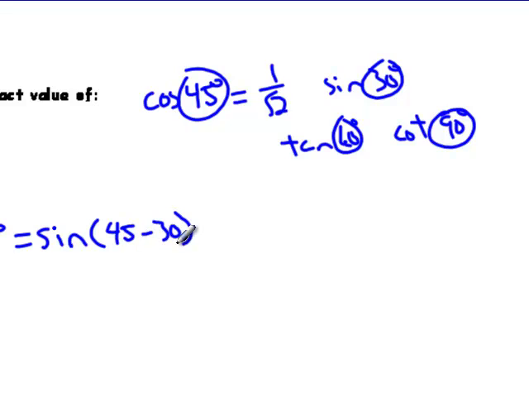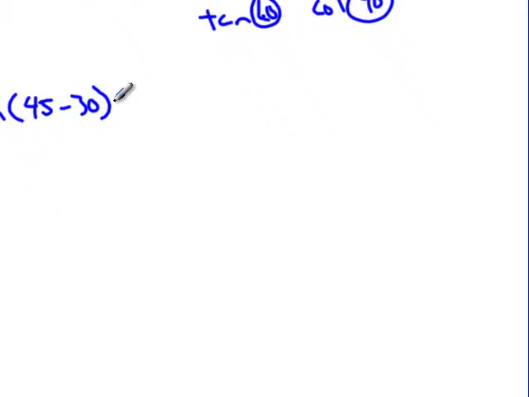These two angles are angles that I can find exact values for. So from your formula chart, this is equal to the sine of 45 degrees times the cosine of 30, and then minus the cosine of 45 degrees times the sine of 30.